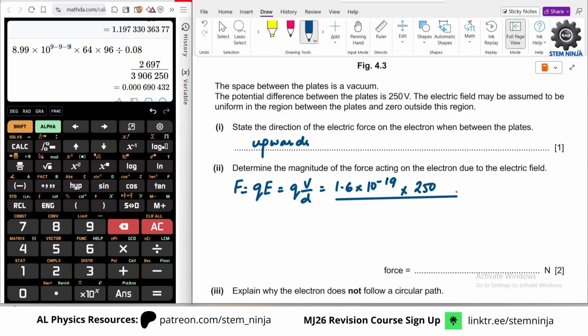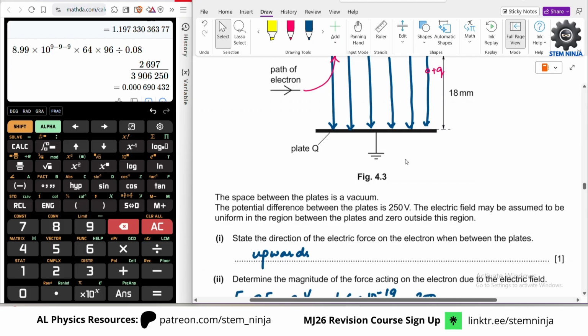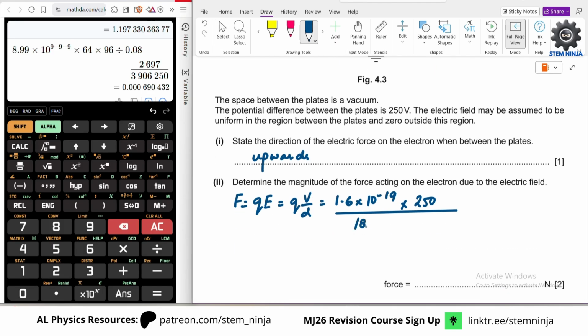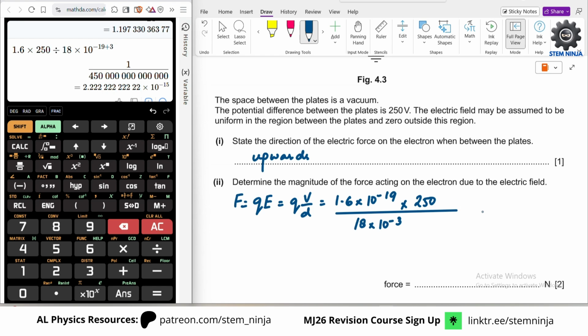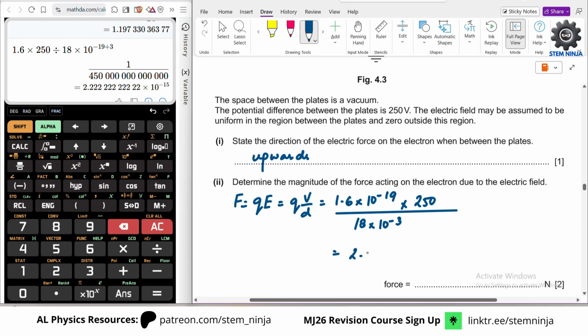Distance between them is 18 millimeters, so 18 times 10 raised to the power minus 3. So 1.6 times 250 divided by 18 times 10 raised to the power minus 19 plus 3. You get 2.22 times 10 raised to the power minus 15. So 2.2 times 10 raised to the power minus 15.